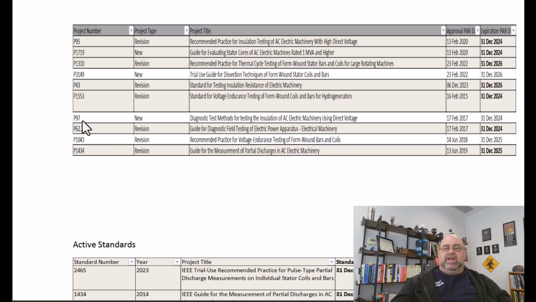So P97, this is where we moved from 43 some of the specialty testing, like the insulation resistance profile. We've moved that there. So Dave and I are specifically working on that.